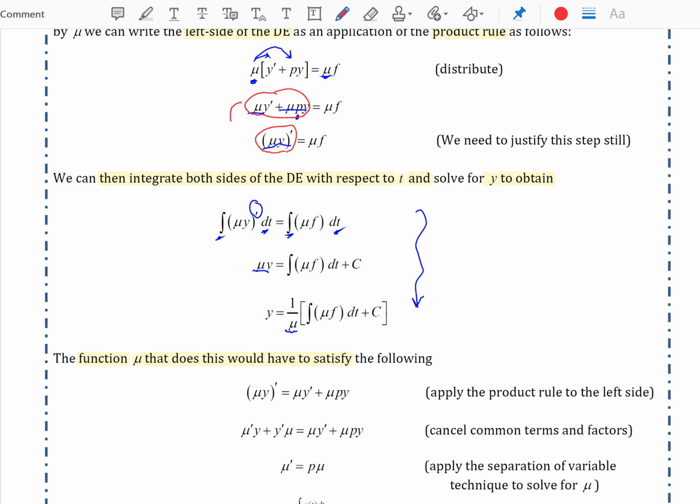This is what our method is dependent on, is that we can find a mu that does this. So let's take these two lines and let's look at what we can do with them. So we have the mu y prime equals mu y plus mu p y.